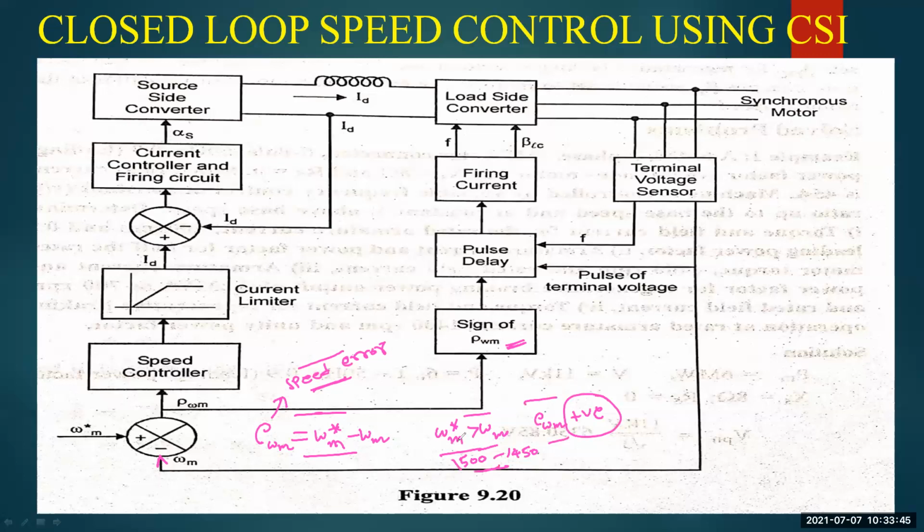If the reference speed is less than the actual speed, for example the reference speed is 1500 RPM but the actual speed is greater, 1550 or 1545 RPM, then the speed error becomes negative. Here it is positive because the reference speed is more than the actual speed, and here it is negative because the actual speed is more than the reference speed.